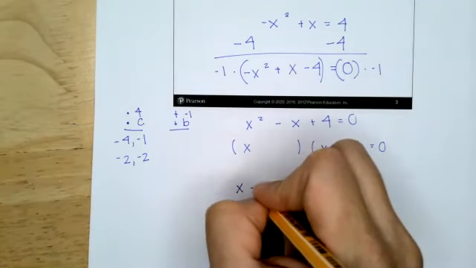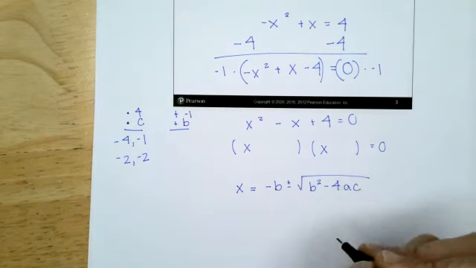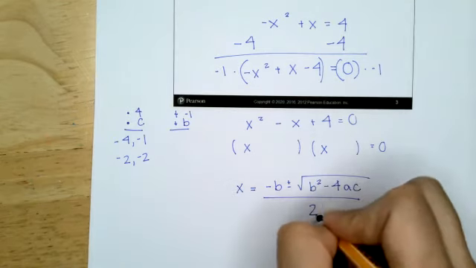Quadratic formula is x equals -b plus or minus the square root of b squared minus 4ac, over 2a.